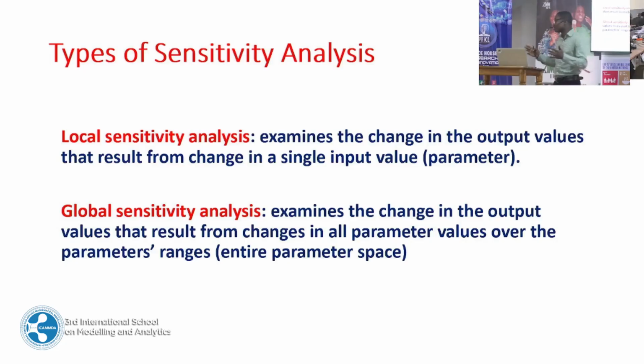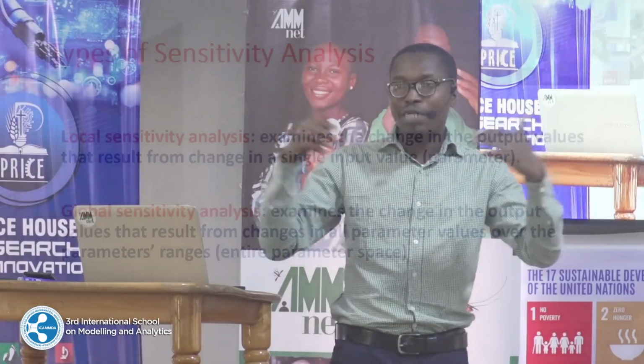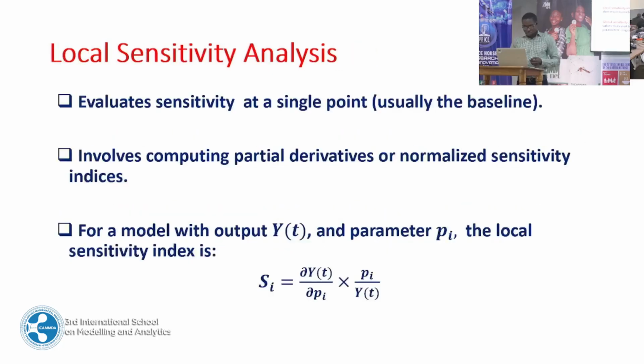Whereas for global sensitivity analysis, we are looking at a range of values, the parameter space. So we'll need a range of values for beta, and for my recovery rate, I need a range of values. Is that clear? So that it can explore all those parameter values and then pick out plausible values to work with.